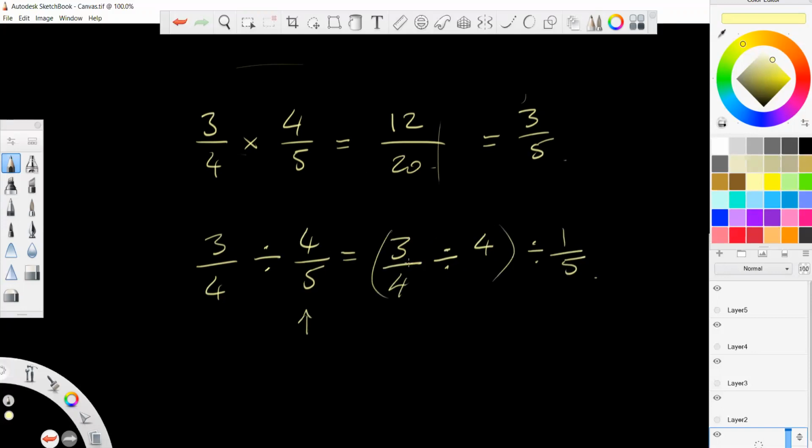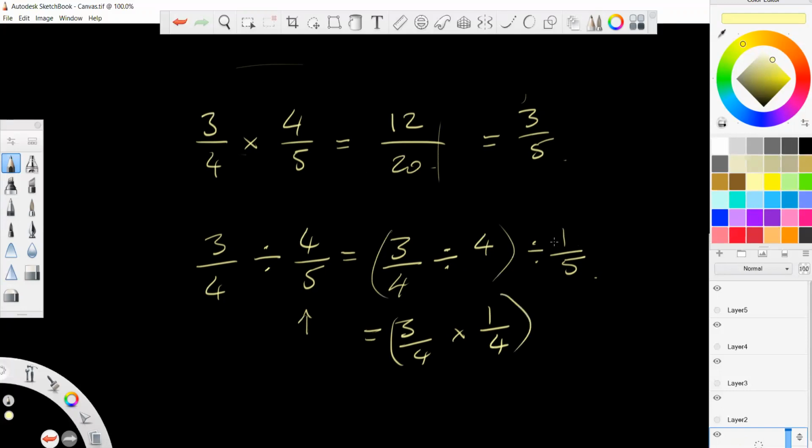Now, I hope it's fairly obvious that dividing by 4 is the same as multiplying by 1/4. So we've got 3/4 multiplied by 1/4. So dividing by 4 is the same as multiplying by 1/4.